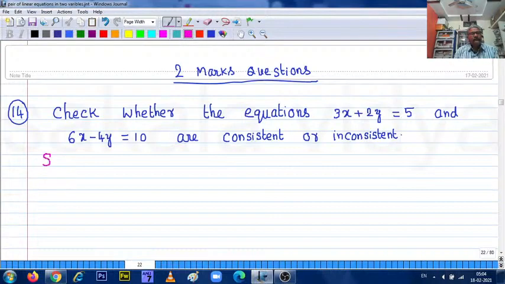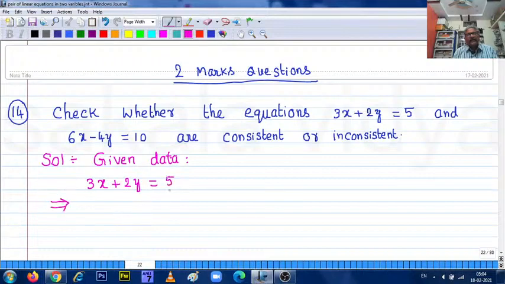Solution. Given data. First, what is given? 3x plus 2y equals 5. This can be written by transposing 5 to the left hand side: 3x plus 2y minus 5 equals 0.